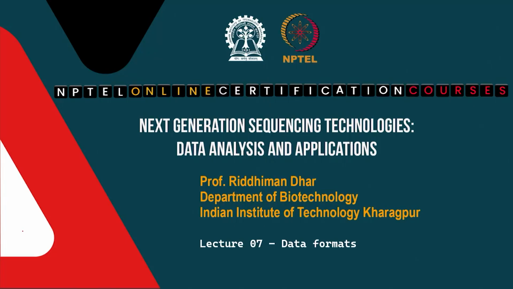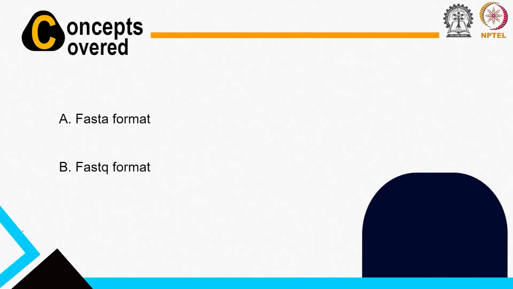In today's class, we will be focusing on data formats. So, you have designed your experiment and you have sent your sample for sequencing. You get the data back from the sequencer. So, how would you interpret the data? How would the data look like, right? This is something that we will be discussing today, and specifically we will be talking about two data formats in this class.